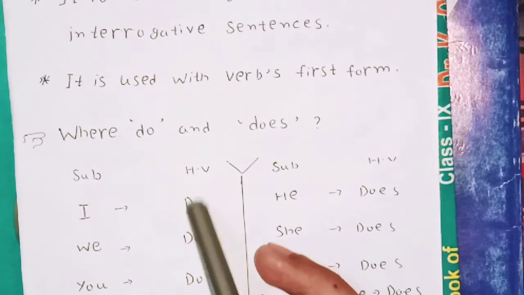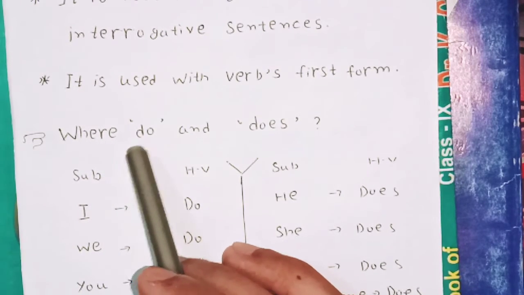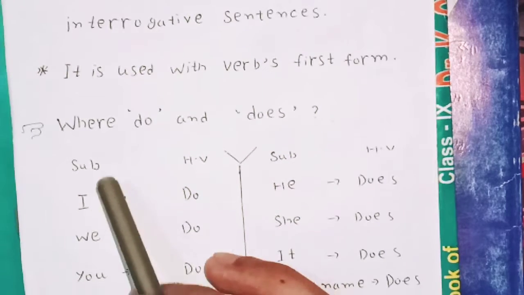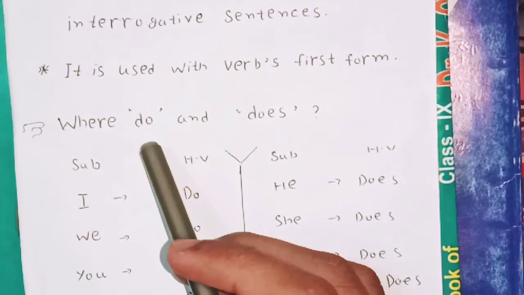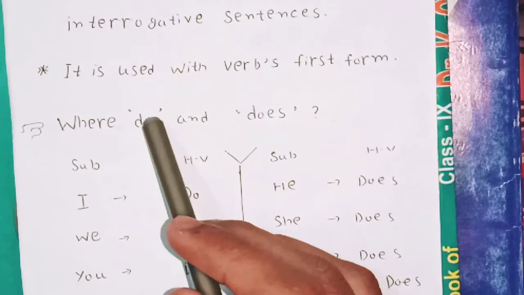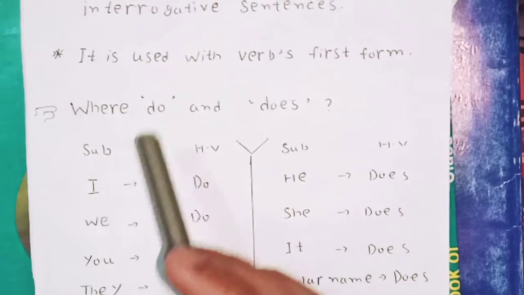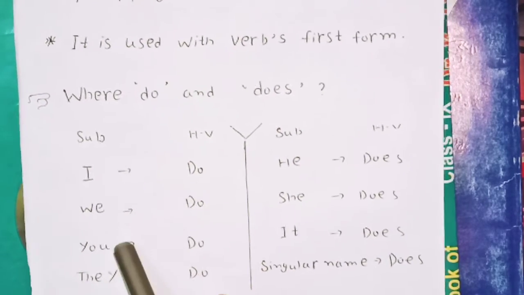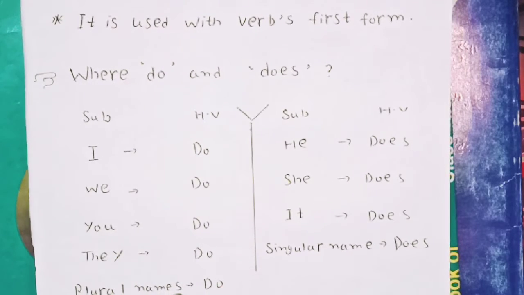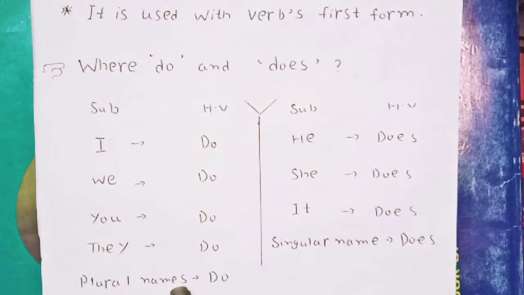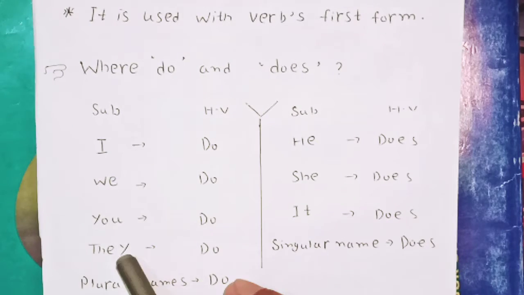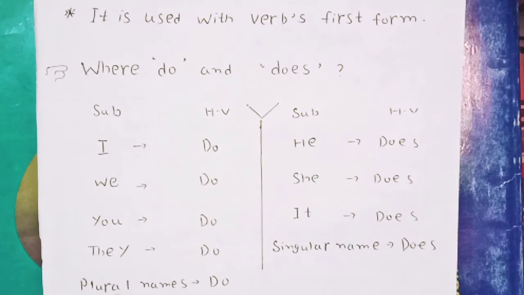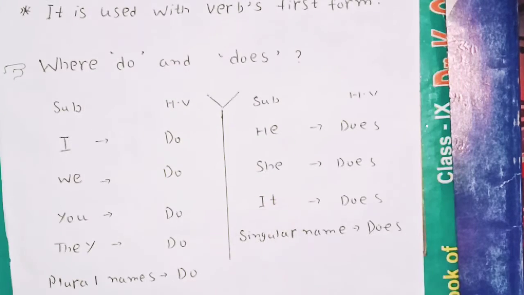First of all, we use do with I, we, you, they and plural names, meaning plural subjects.